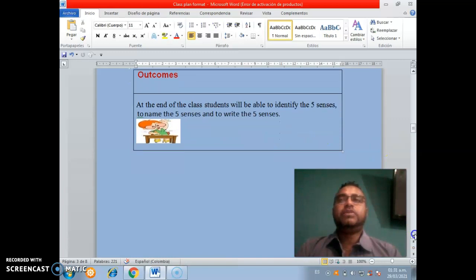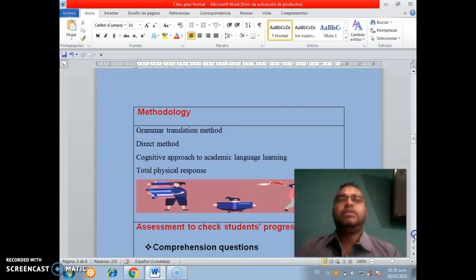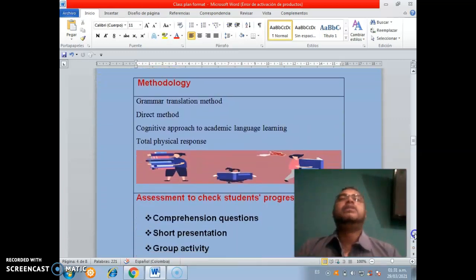So we continue. The methodology. The methodology is grammar translation method, direct method, cognitive approach to academic language learning, total physical response.